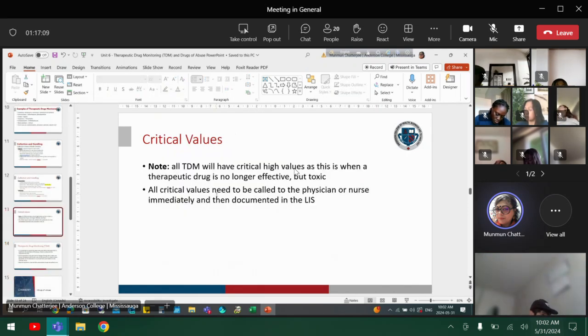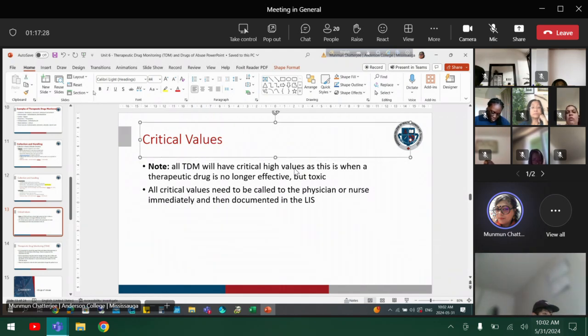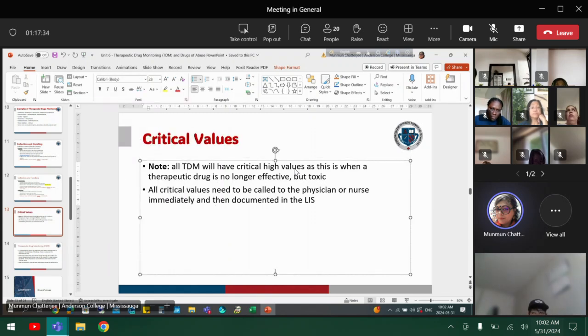What are critical values? All TDM will have critical high levels, which is when a therapeutic dose is no longer effective but toxic. All critical values need to be called to the physician or nurse immediately and then documented in the laboratory information system. Any critical value above normal means the patient can be at risk.